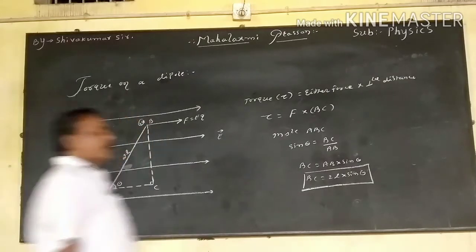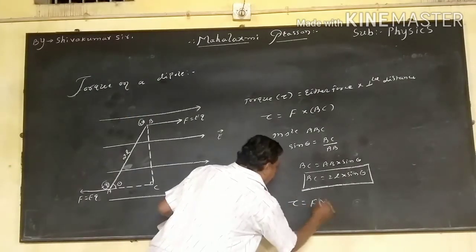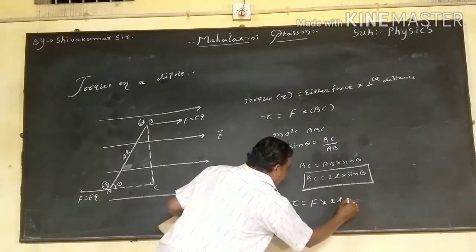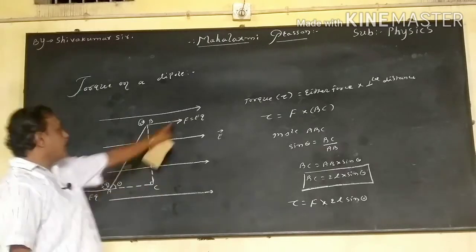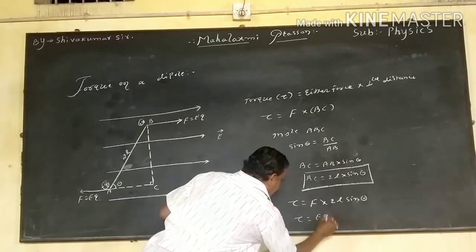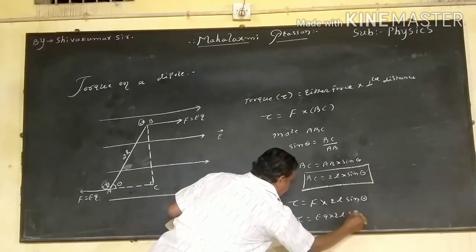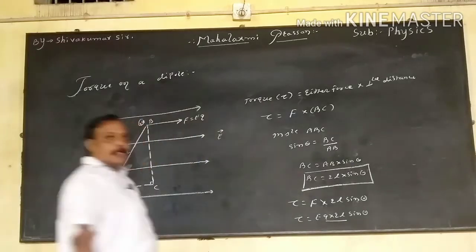Yes. Then I substitute: torque tau equals force into BC, which is 2L into sine theta. What is F? F equals E into Q. So shall I write torque tau equals E into Q into 2L sine theta? Q into 2L, what does this indicate? Dipole moment.